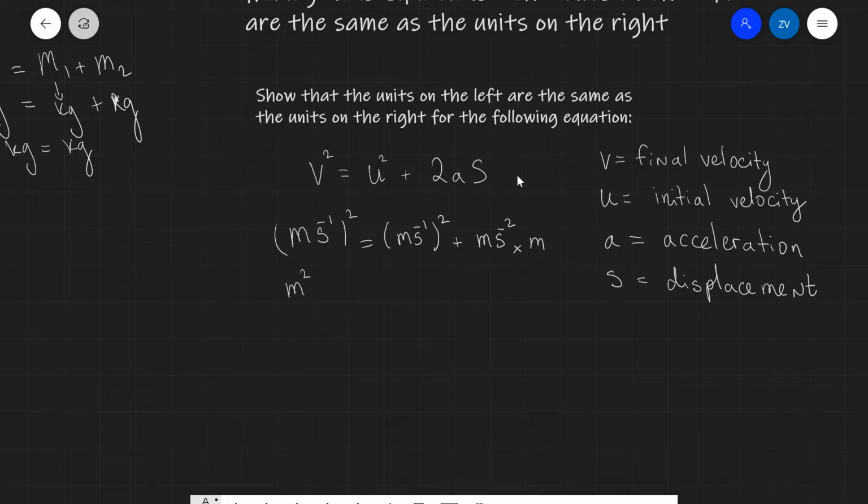So we're going to have meters squared s to the power of -2, and that will be equal to meters squared s to the power of -2 plus meters times meters is meters squared s to the power of -2. Well, this means that the overall units on the left, which are meters squared s to the power of -2, will be equal to the overall units on the right, meters squared s to the power of -2. Therefore, this equation is going to be homogeneous.